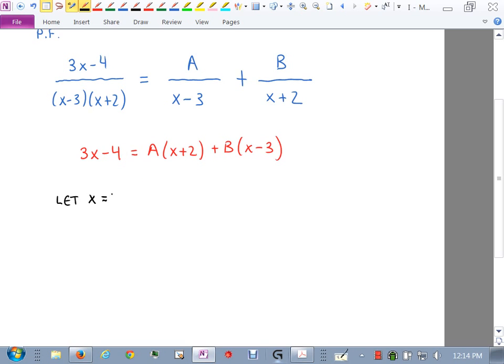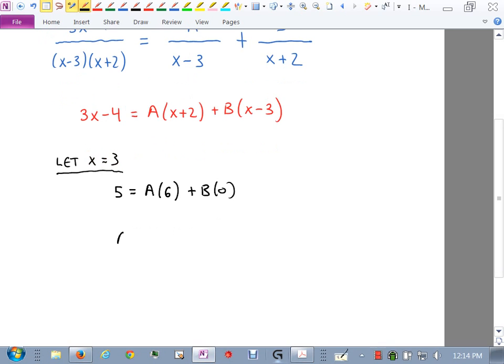Let x be 3. And we get what? 5 equals A times 6, and then plus B times 0. So what's A? 5/6.